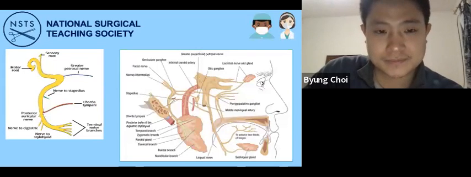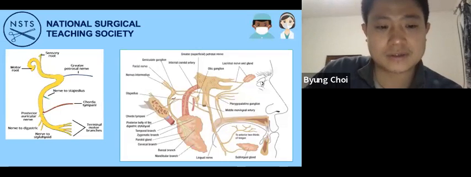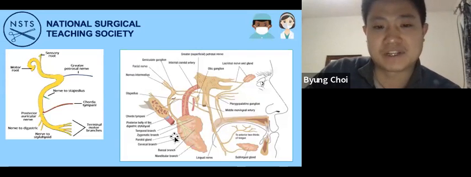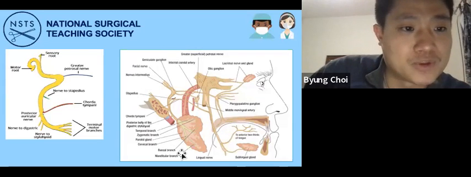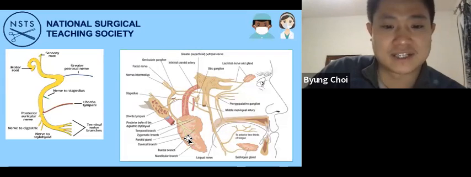Now, in this question here, trying to just go through it systematically, the facial nerve, obviously it's primarily a motor, okay, and it supplies the muscles of facial expression, which this patient had. Okay, so that's the first thing.